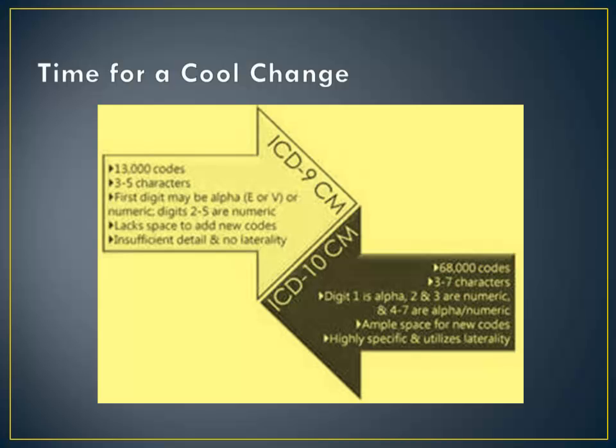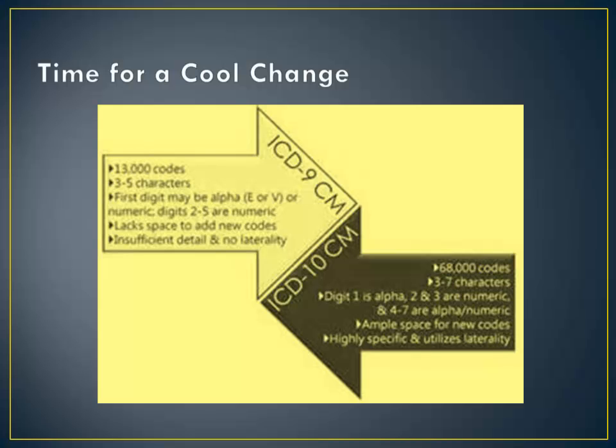ICD-9-CM, which is currently used in industry, is very limited at this point of time in the future. ICD-9-CM was developed back in 1974, and if you can imagine all of the technical advances that have been made in the medical world, you can just imagine how limited this code set actually is at this time in the future.